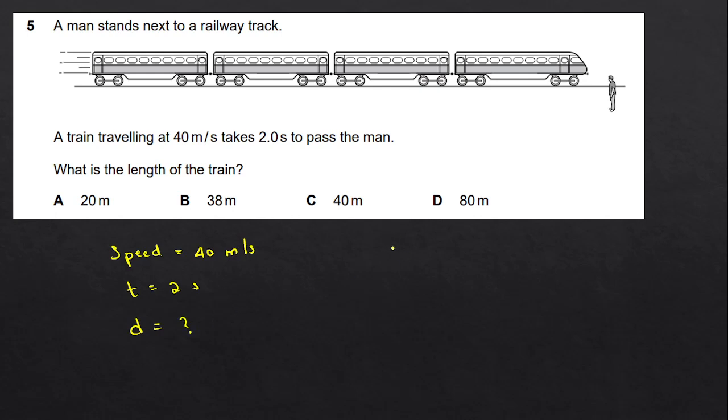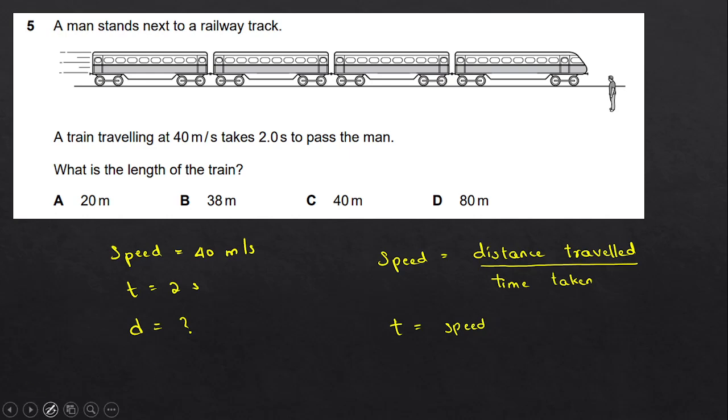So this is unknown. We can write the formula speed equals distance traveled divided by time taken. We know time, we need to find the distance or the length.